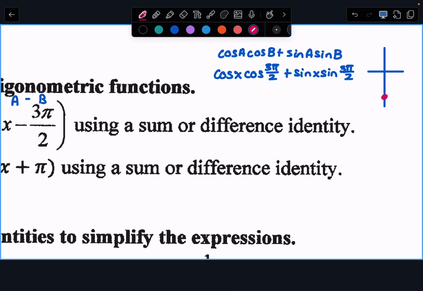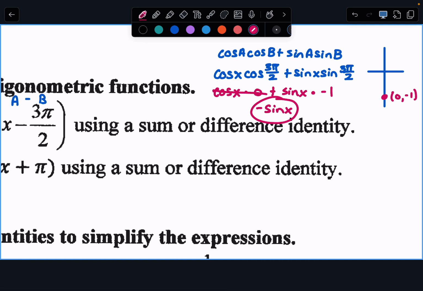What is the coordinate for right there? 0, -1. So I have cosine X times cosine of 3 pi over 2. The x value is what? 0, plus sine X. What is the sine of 3 pi over 2? So negative sine X. That's it.